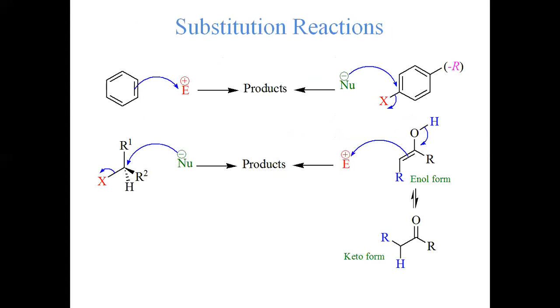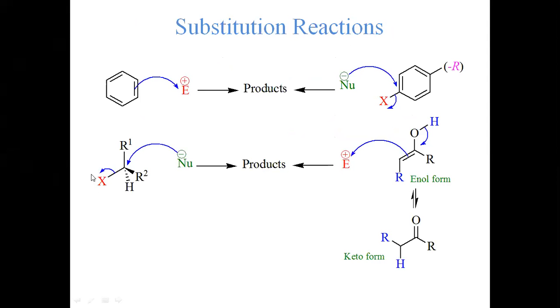So let's start. Substitution can be further classified into four categories. One is if we have an sp3 hybridized carbon, just like you are most likely familiar with, and a group is attached to it, which is normally an electron withdrawing group.